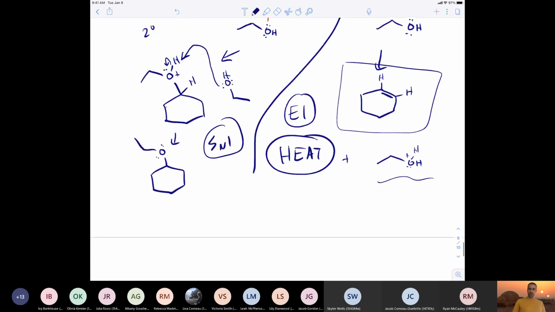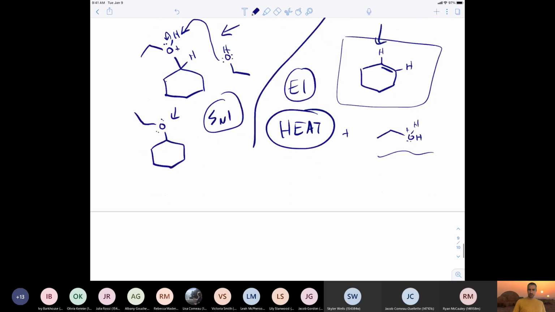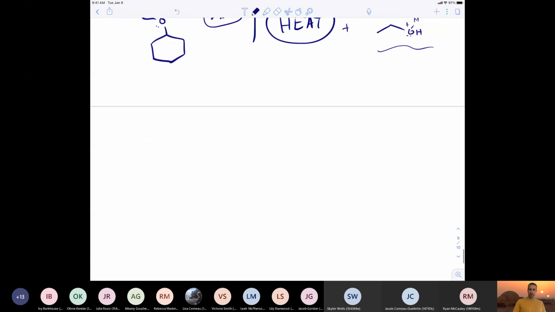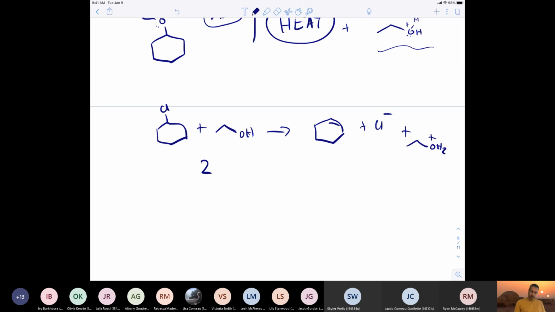Last point today. I think we're over time. Quick. Why does heat give you E1? Because if you look at it, two particles goes to 3 particles.